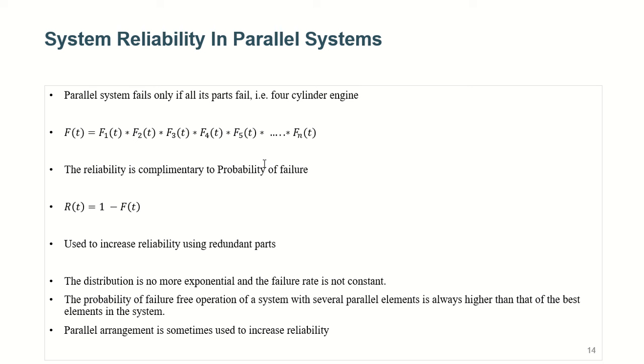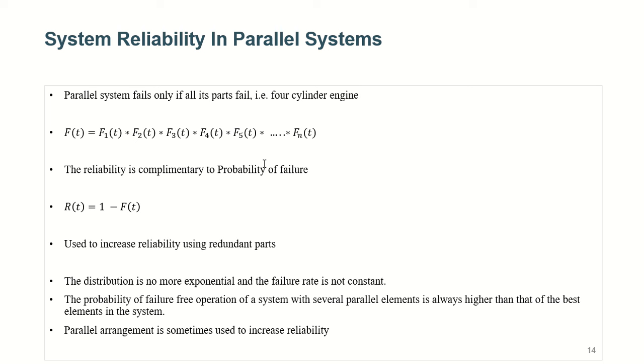And similarly, if I want to find the resultant probability of the whole system, what will it be? R will be 1 minus F(t), which means 1 minus 0.01, so the resultant reliability will be 0.99, right? So the probability of failure has dropped 10 times, and your reliability has increased tremendously here.